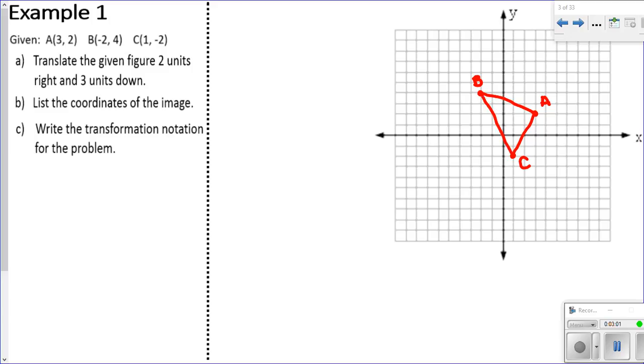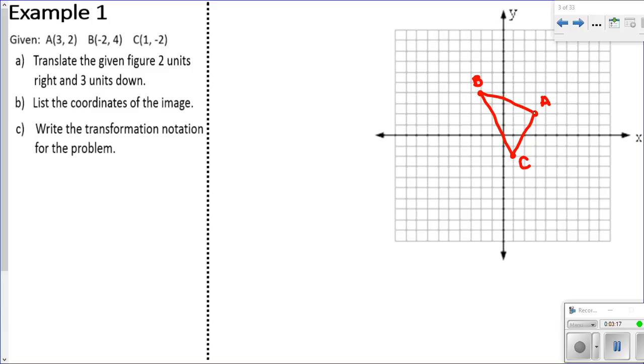And it is important that you label your figure. So this is our pre-image because this is our beginning figure. Okay. So now we're going to take each point and move it the way they tell us to do.